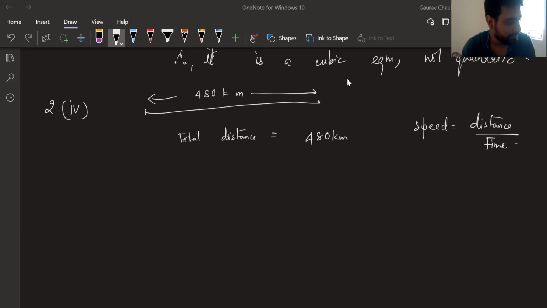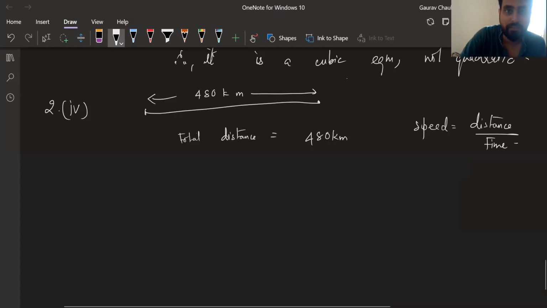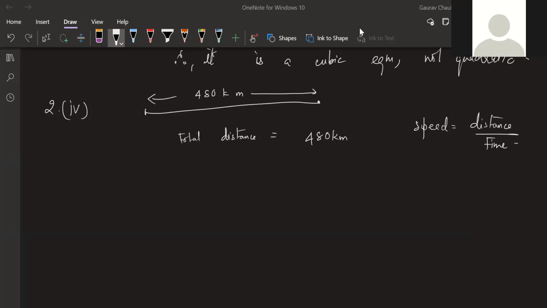Okay, let's think about it from scratch. Here we have speed is equal to distance by time. We can write this formula, let's take variables. Deepak, you want to talk with me and do it? Okay, go ahead.